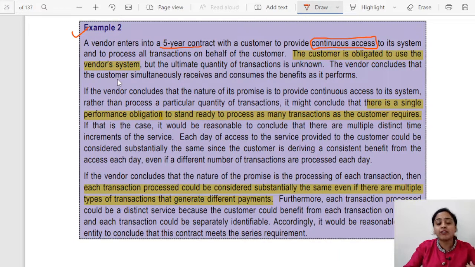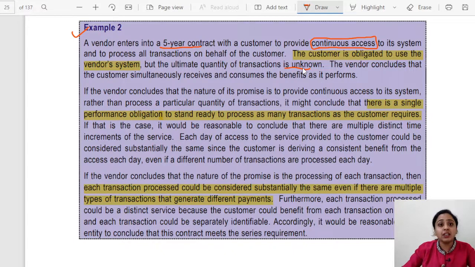It is compulsory that the customer uses the vendor system, but the ultimate quantity of transactions is unknown, as for example the electricity bill. You have to buy the setup and the connection from that particular entity, and the bill also comes from that entity.